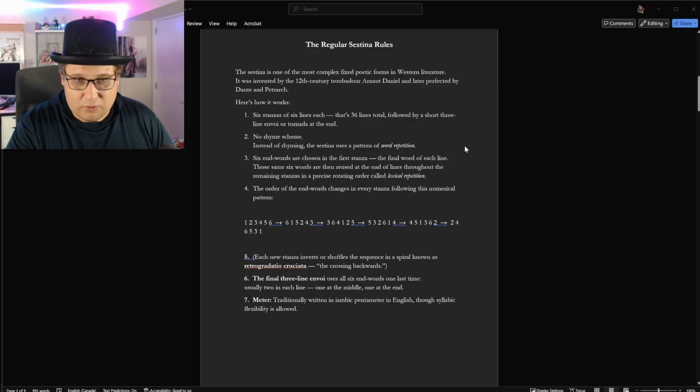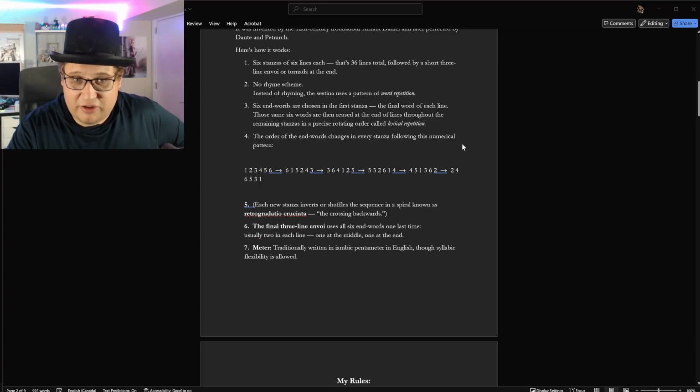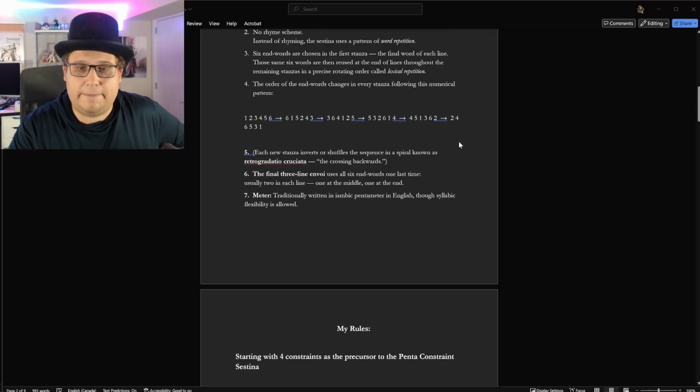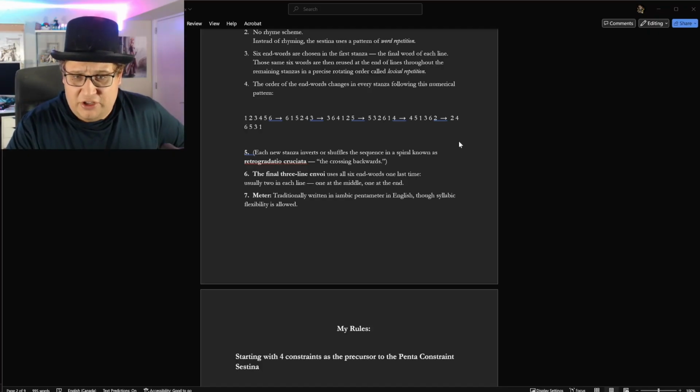The order of the end-words changes in every stanza following this numerical pattern. 1, 2, 3, 4, 5, 6, 2, 6, 1, 5, 2, 4, 3, 2, 3, 6, 4, 1, 2, 5, 2, 5, 3, 2, 6, 1, 4, 2, 4, 5, 1, 3, 6, 2, 2, 2, 4, 6, 5, 3, 1. That is the pattern you must follow to have a proper sestina, and it ends with an envoi, which are 3 lines. Each new stanza inverts or shuffles the sequence in a spiral known as the retrogradatio.